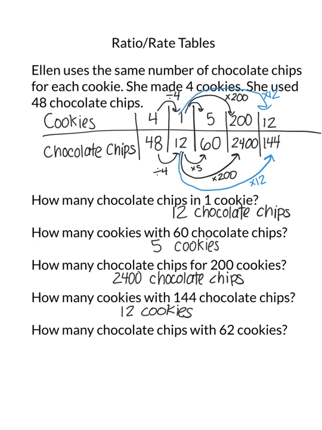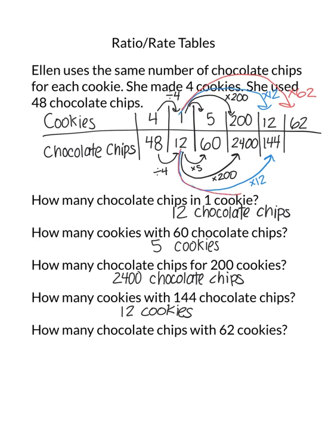Then the last problem, how many chocolate chips with 62 cookies? So I will fill in another column here. I have 62 cookies, so the 62 will go in this row. And I personally think the easiest one to compare with 62 is 1, because I can pretty easily tell you that 1 times 62 equals 62. So then if I use the 1, I'm going to go down and use the 12.